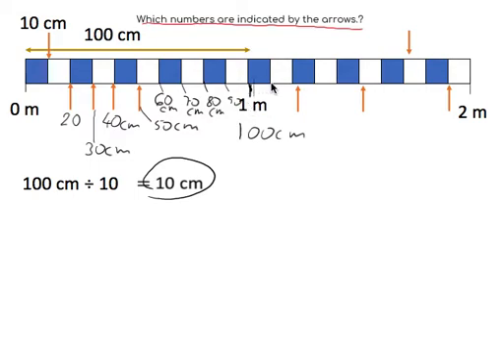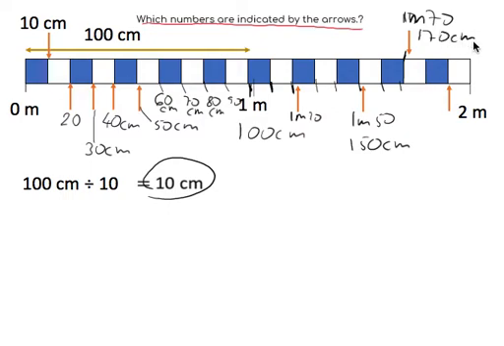So that's from 1 meter, 1 meter 10, 1 meter 20, 30, 40, 50, 1 meter 50, or 150 centimeters, 60, 70. I think that's 70, I know the arrow's moved, I'm going to call that 1 meter 70, or 170 cm.